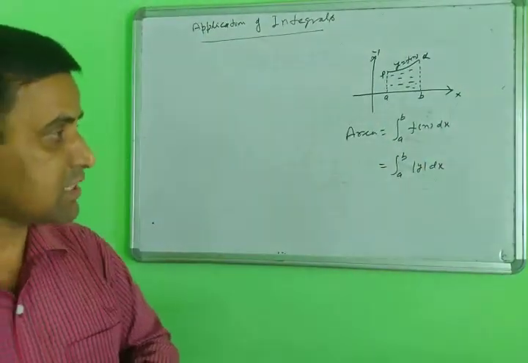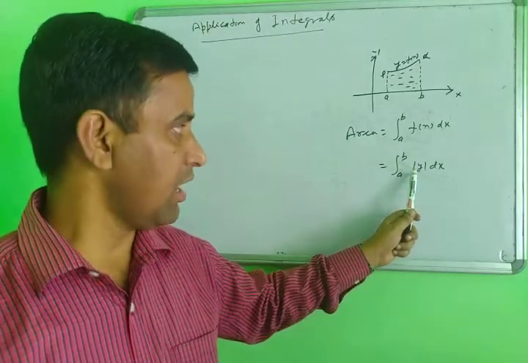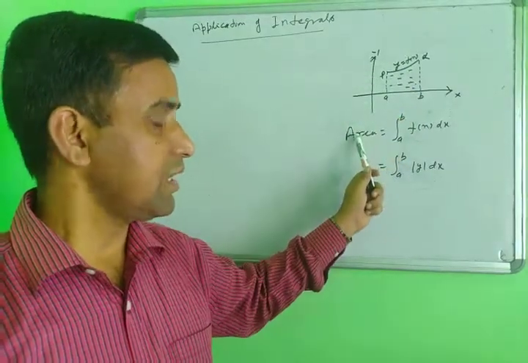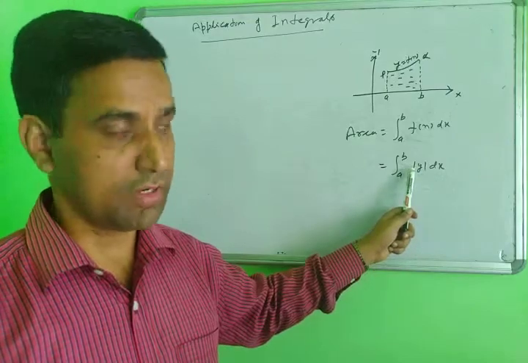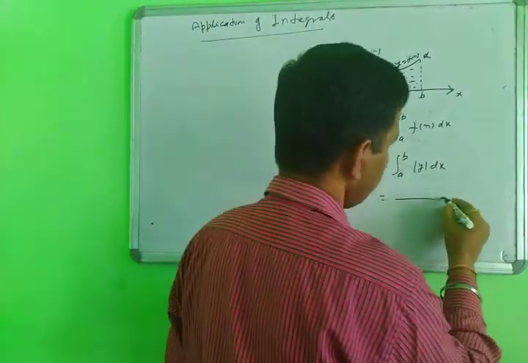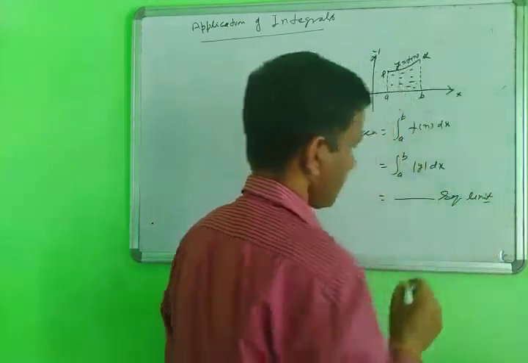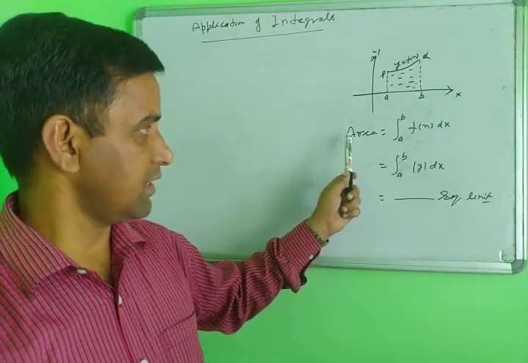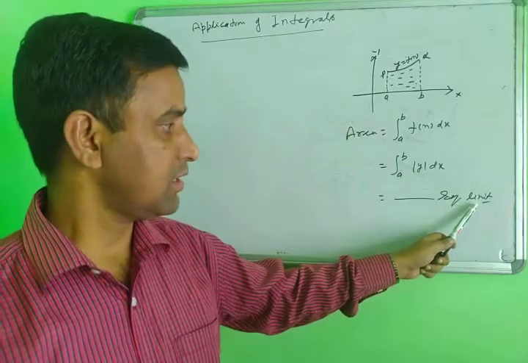Why are you using the mod sign here? Because you are finding the area of this portion, it means the area will always be in positive form, not in negative form. Second thing, the unit: since you are finding the area, you will write the unit as square unit.